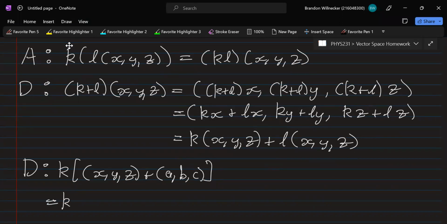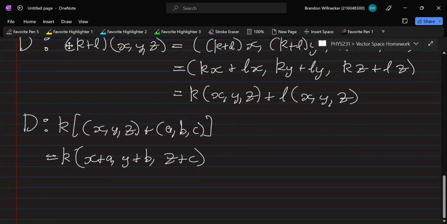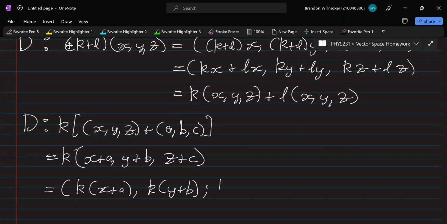So we can put this as k times (x plus a, y plus b, z plus c). We can multiply the k inside. So this is going to be k(x plus a), k(y plus b), and k(z plus c).